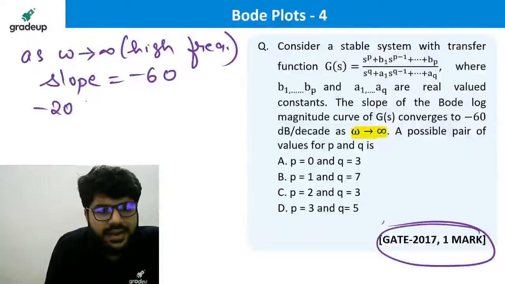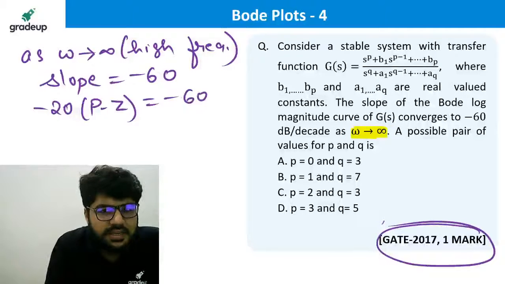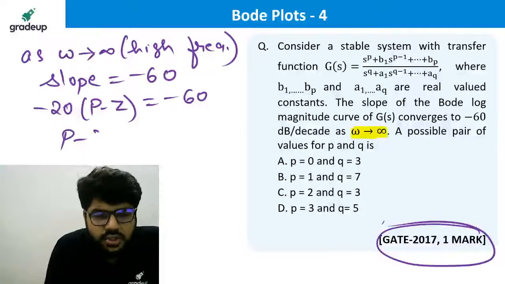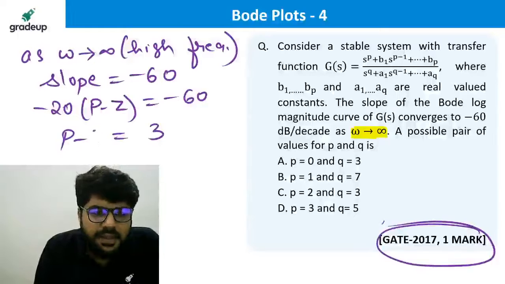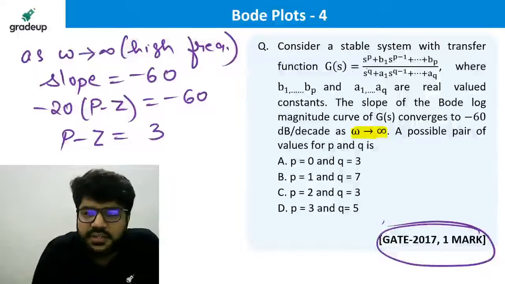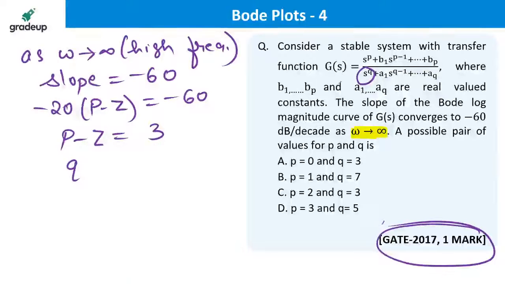So minus 20 into P minus Z is the formula, which is minus 60. So you should have P minus Z equal to 3. Now P means number of poles, decided by the denominator, that is q. And number of zeros are decided by the degree of numerator, that is small p. So q minus p should be equal to 3.